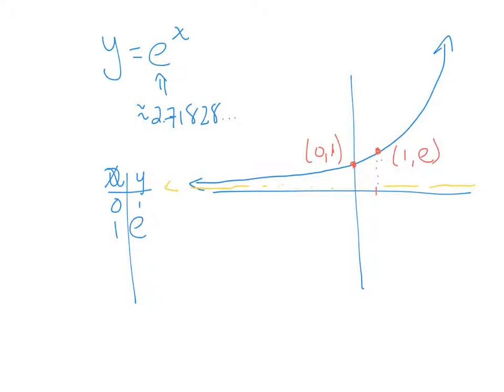So let's take a look at what variations we can have on this and see how it's going to change. The general format is going to be y equals a, where a is a variable, times e to the x. So a is like a coefficient.